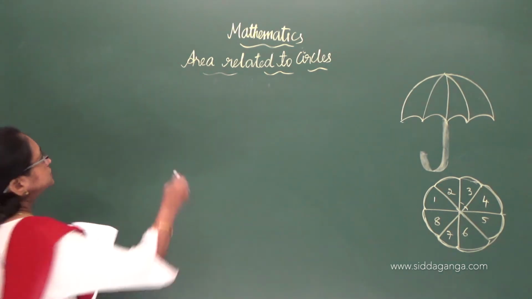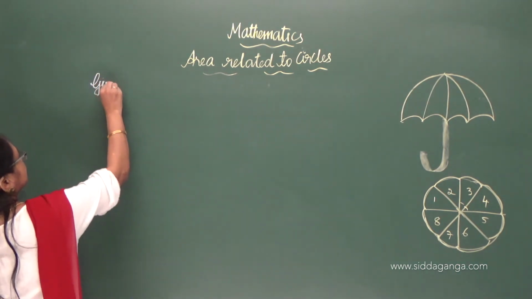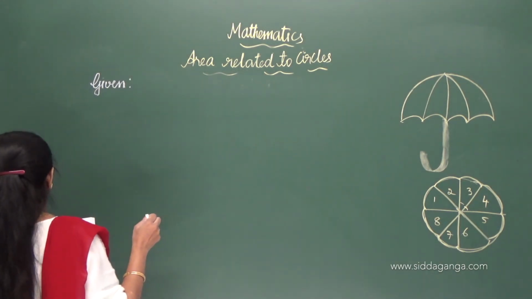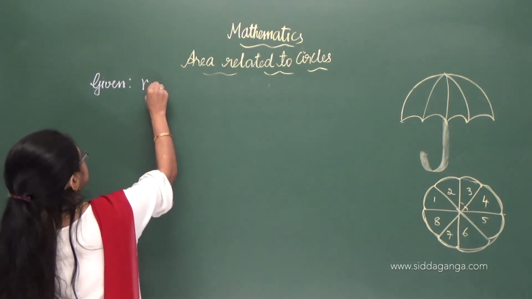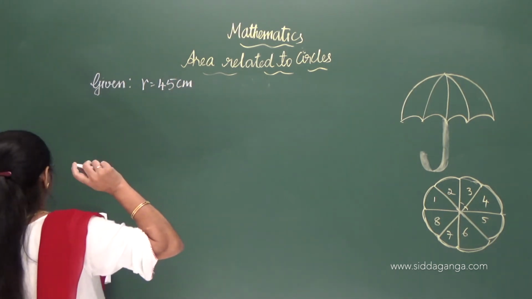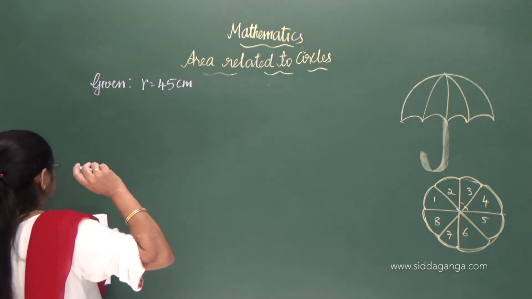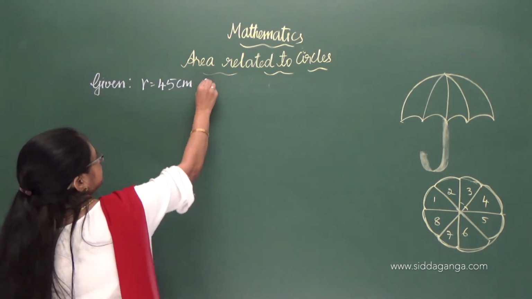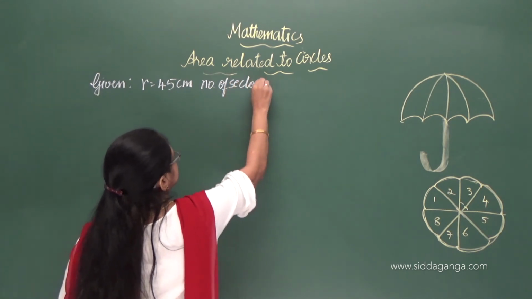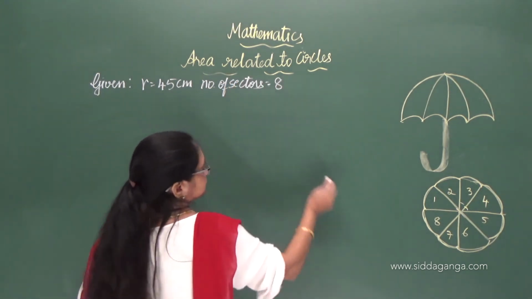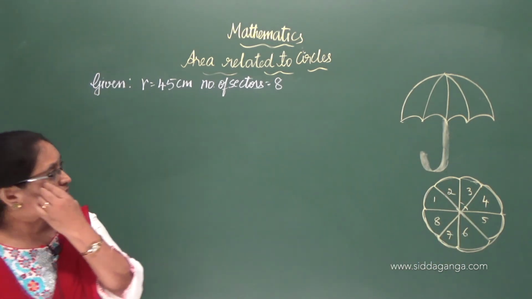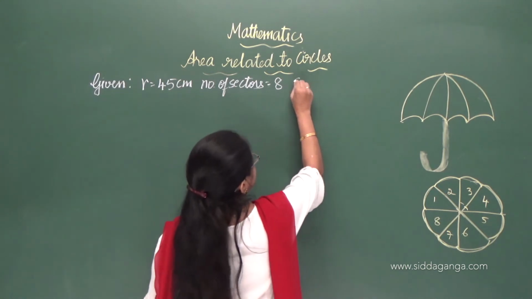So let us write what is given. Given radius 45 centimeter, and it is divided into 8 ribs. So number of sectors is 8, and each sector angle you can calculate here.